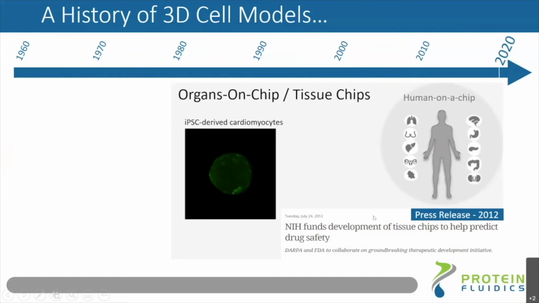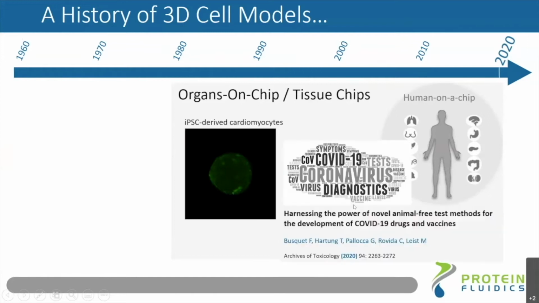The NIH funded this, the European health authorities have funded this, and most recently, people have been using these to look at COVID-19. So using organ types to look for viral infectivity, to look at the effect of SARS-CoV-2 on the different organ functions, et cetera, and really moving these discoveries along as fast as possible.